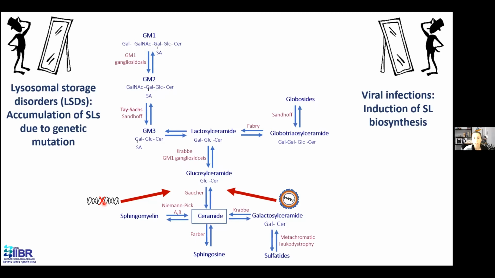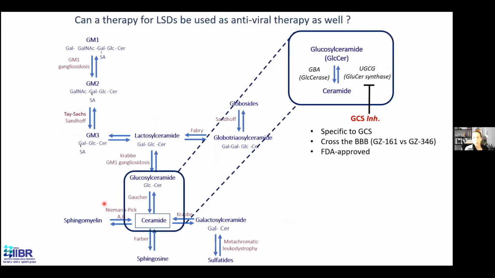in the patient. So then we asked, can we take a therapy that was designed to treat lysosomal storage disorder and use it for a viral disease? Because in both scenarios, we want to decrease the level of accumulated glycosphingolipid. So we reached out to Genzyme Sanofi, knowing that they have a glucosylceramide synthase inhibitor.